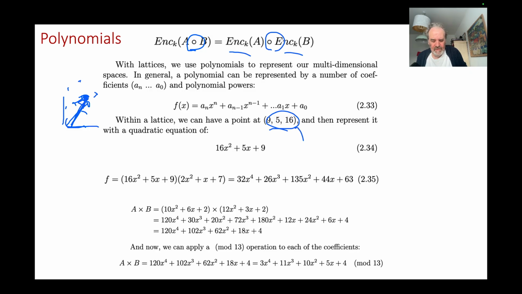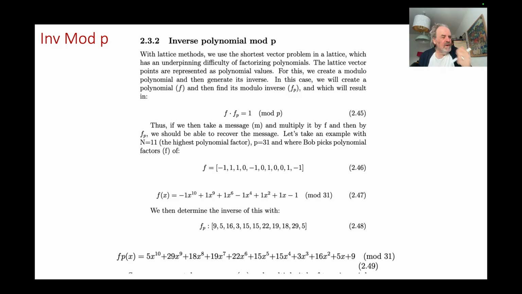An easy way to represent that is with a polynomial value. So this is an example of a polynomial here. These polynomials just make it easy for us to add and subtract and multiply and so on. We sometimes also have to find the inverse of a polynomial.